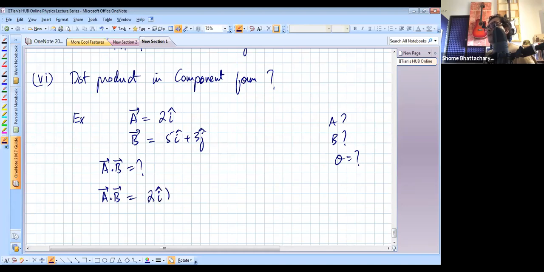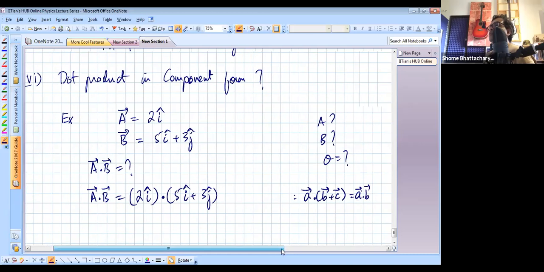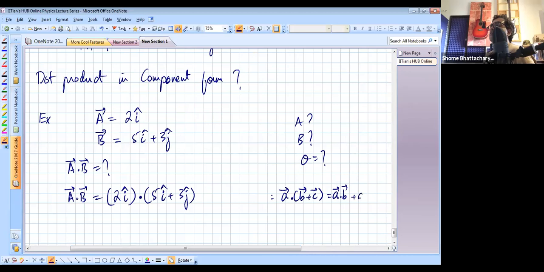That's 2i cap dot product with 5i cap plus 3j cap. Next I'll use the distributive property, that the dot product of a vector with the sum of 2 other vectors becomes A dot B plus A dot C. So I'll use this property over here.